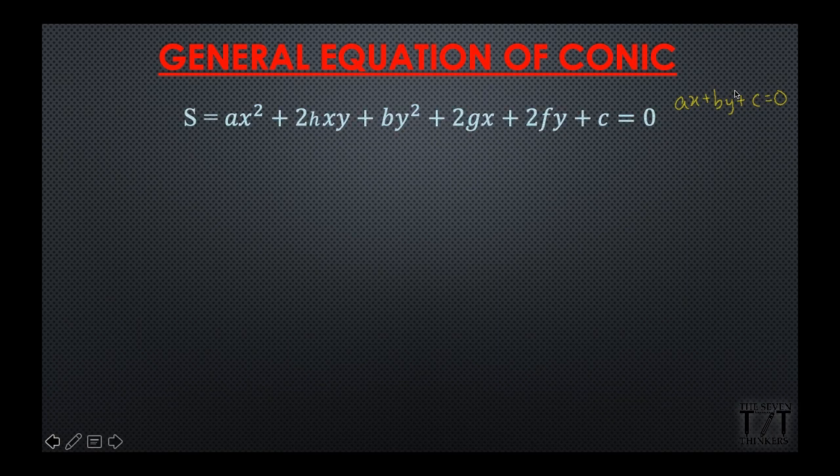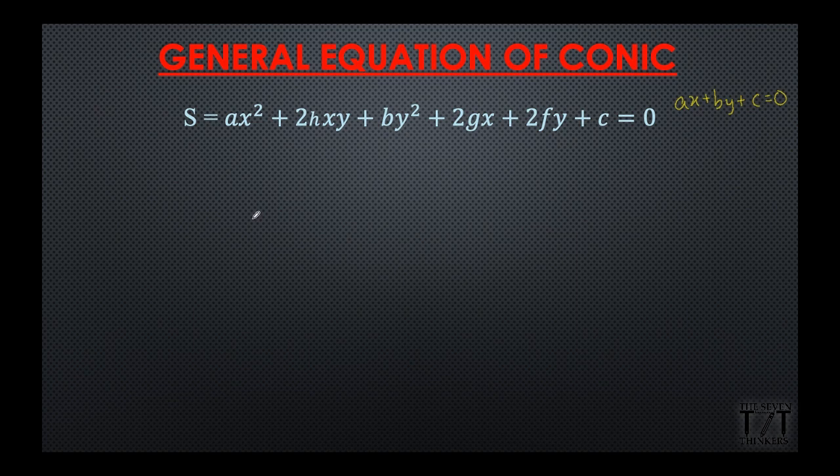The general equation of conic, which is represented by letter S, is ax square plus 2hxy plus by square plus 2gx plus 2fy plus c is equal to 0. So this is the general equation of conic. Knowing this is not a big task, but what is important is now what I will discuss.